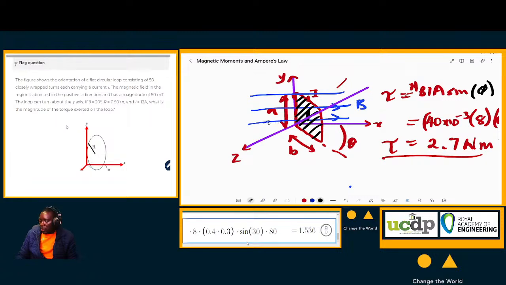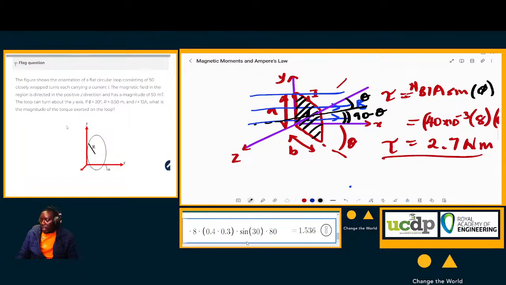So the angle here that remains is 90 minus theta.